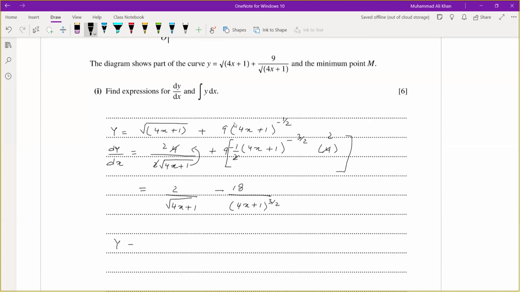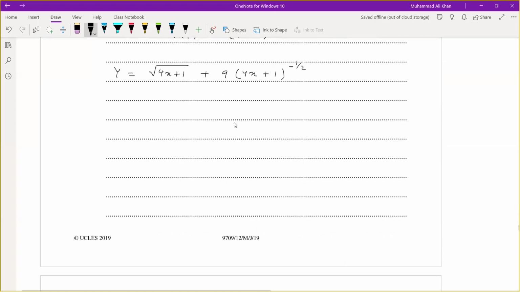Again, curve की equation में लिख रहा हूँ under root 4x plus 1 plus 9 4x plus 1 power minus half. इसको इंटीग्रेट करते हैं बच्चों.